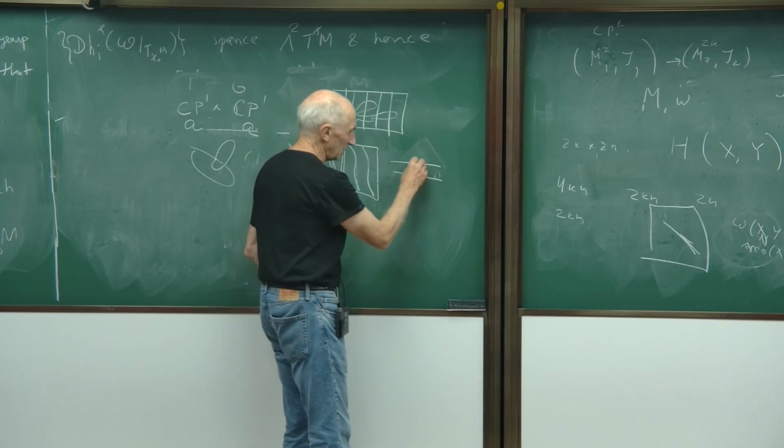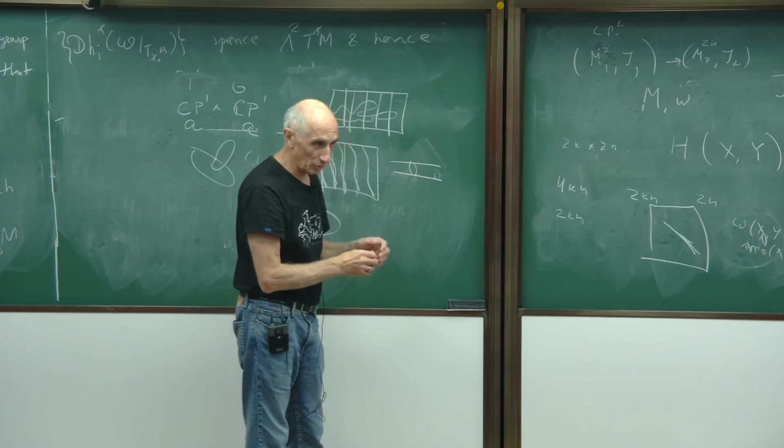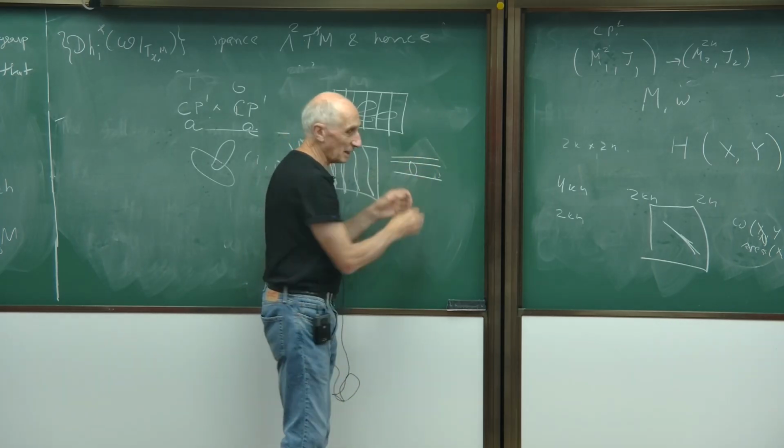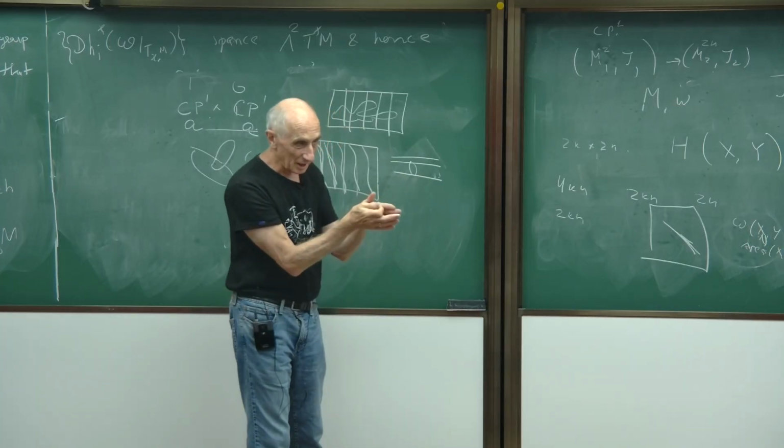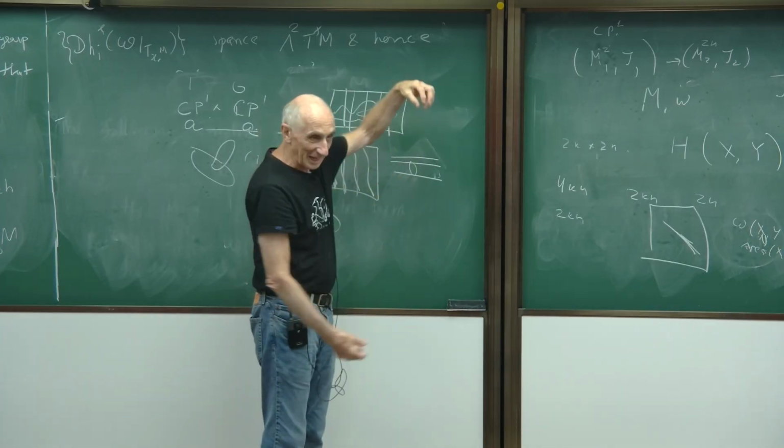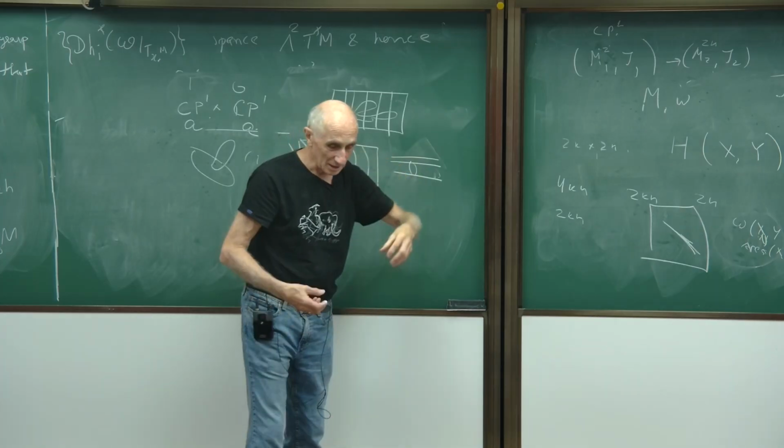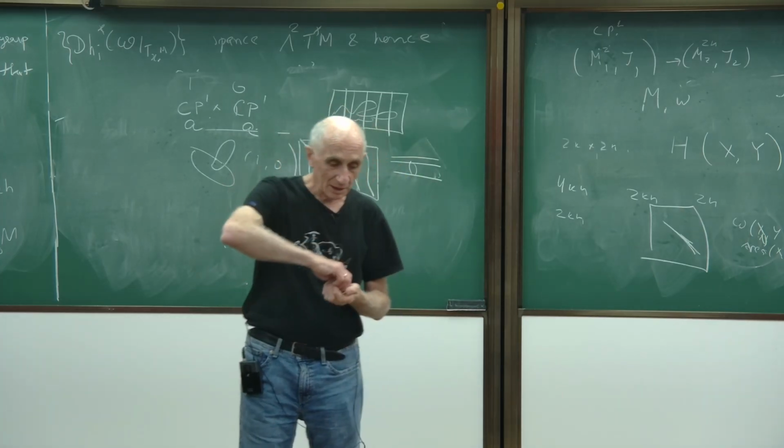So you take a boundary of this tubular neighborhood, and you start to insert in this boundary some neck.